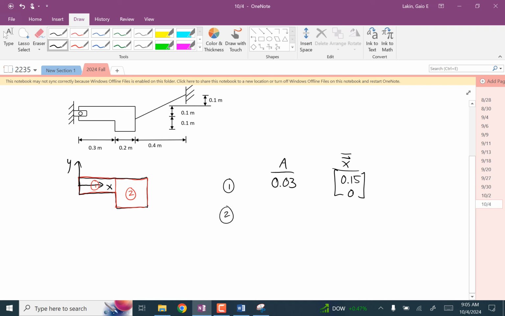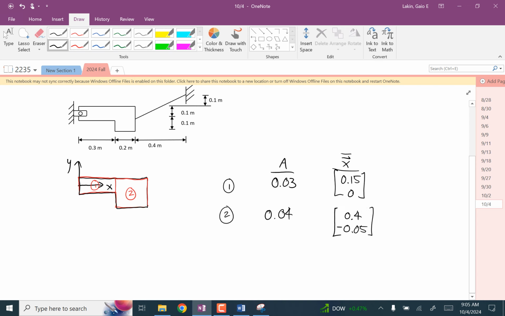And then for body 2, the area is 0.04. And the centroid is, okay, so it's going to be down 0.1. So that's going to be negative 0.05 for y. And for x, it's going to be 0.4. Does that look right? Yeah.